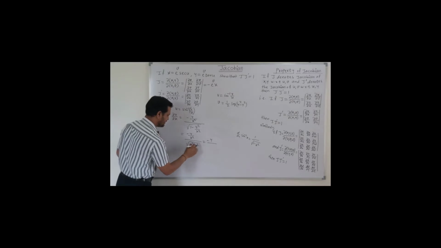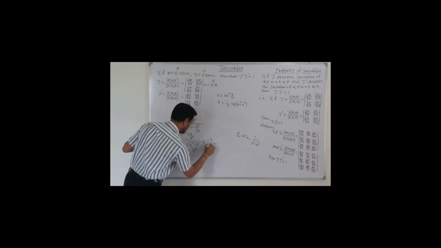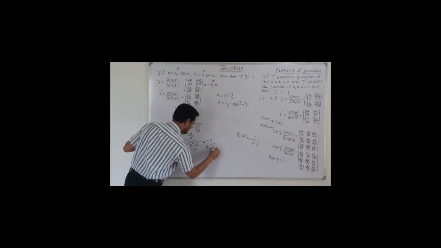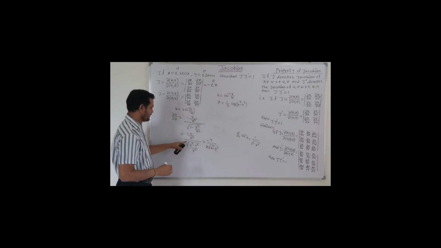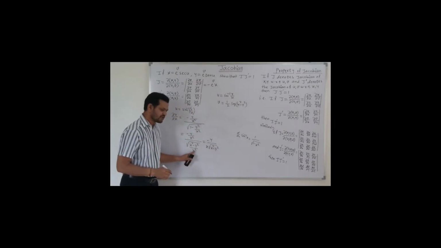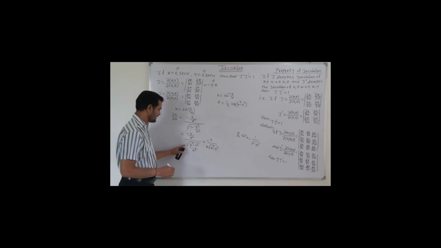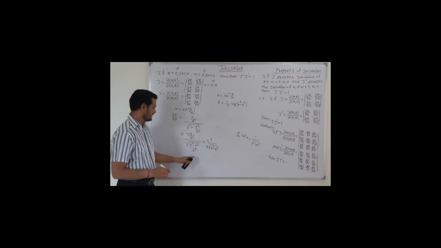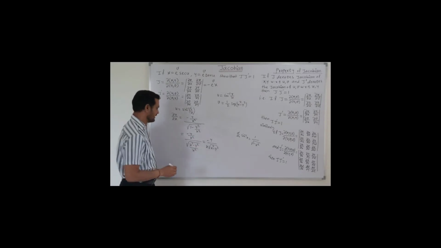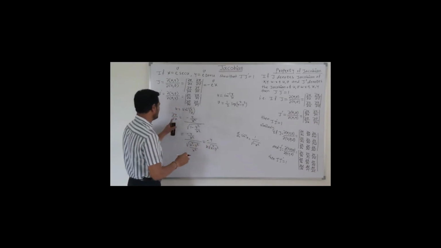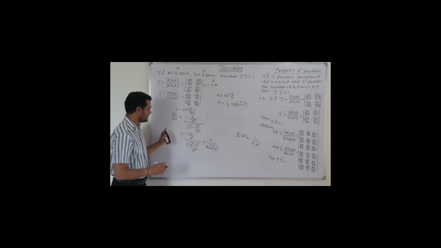So x and this x give x into root of x square minus y square. One term gets cancelled and we get 1 upon x. In this way, we get the value of the partial derivative of u with respect to x.